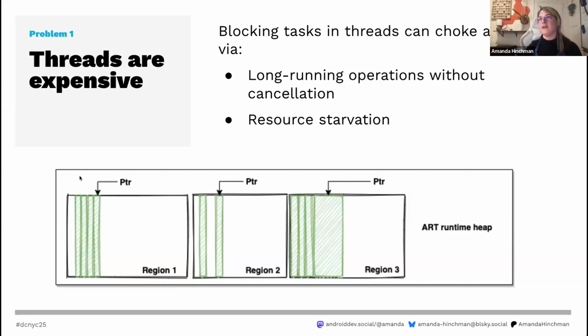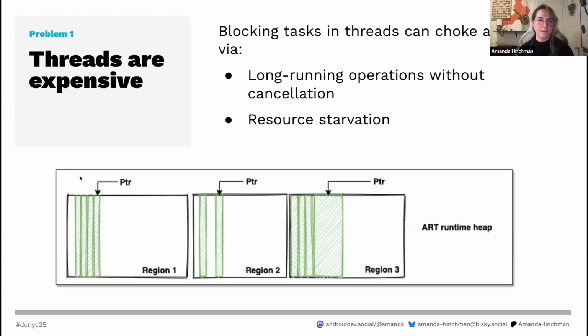So if you're not able to complete the work for any reason at all, then the thread cannot finish. And those blocking tasks in the thread can choke a program. So there are long-running operations without cancellation. There's also resource starvation.